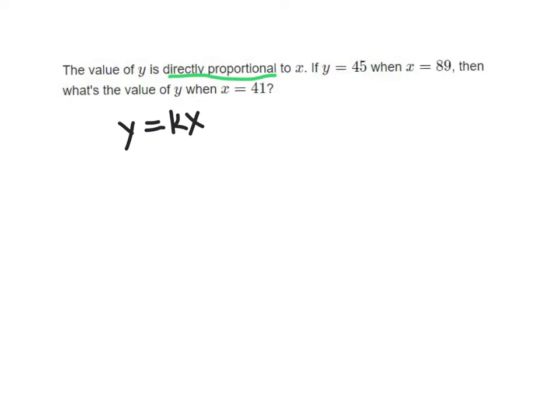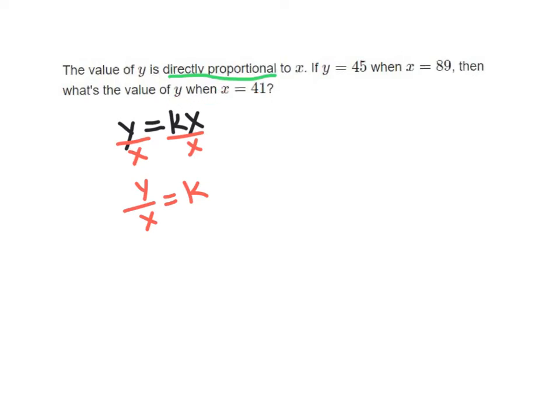If we solve this equation for k, we would divide both sides by x. So now it says y divided by x equals k. So the y is directly proportional to the x, and this is our equation.